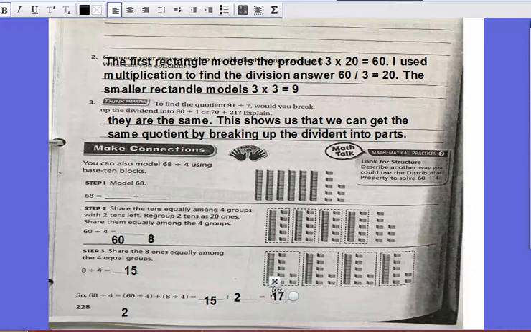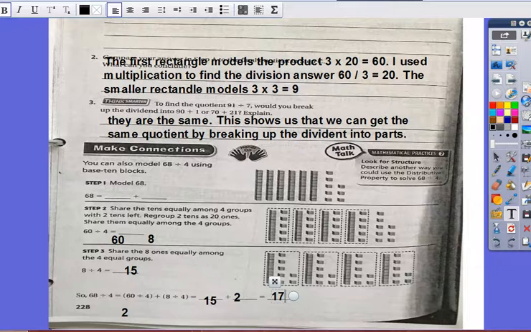That's just another way you could break it up. Figure out 60 divided by 4, then figure out 8 divided by 4, add those 2 answers up, and that's your answer.